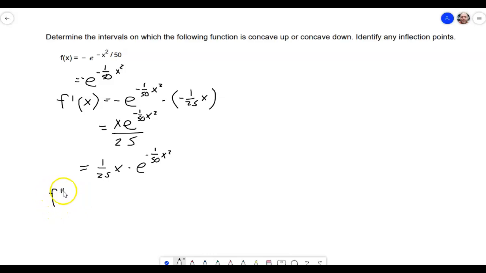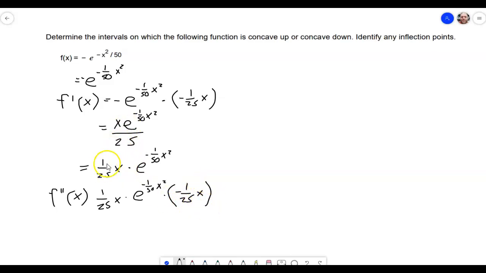So f double prime of x, the second derivative, is going to be the first, 1 over 25x, times the derivative of this, so times, make sure I got this right, e to the -1 over 50 x squared, times the derivative of that, so times this right here, that would be -1 over 25x, like this.